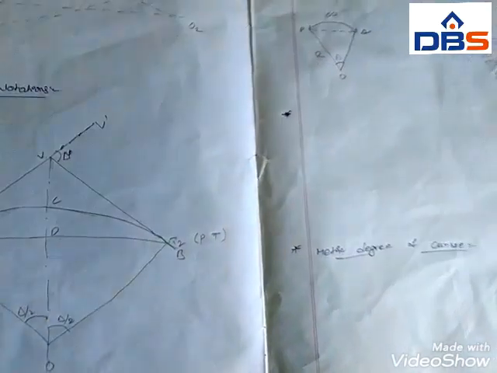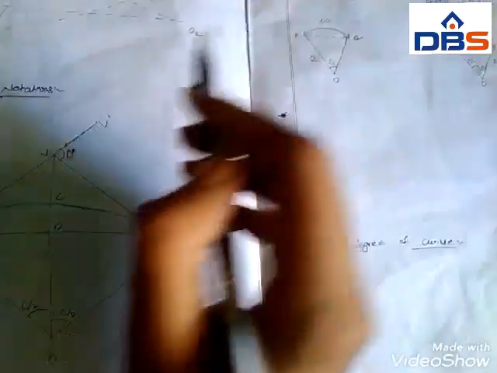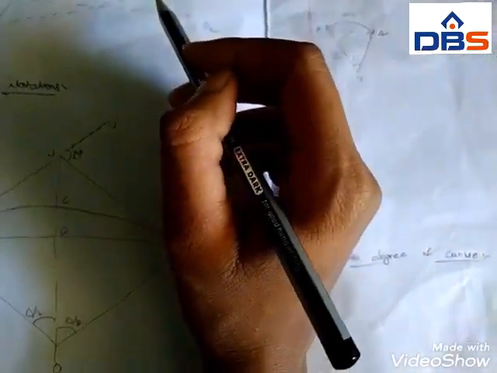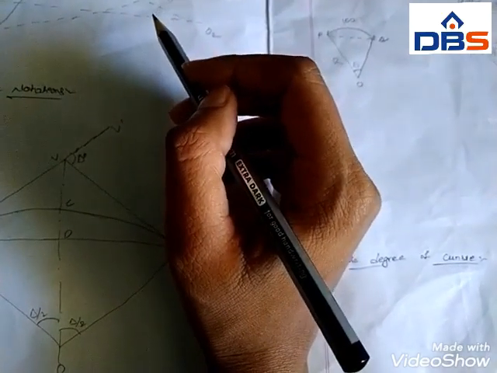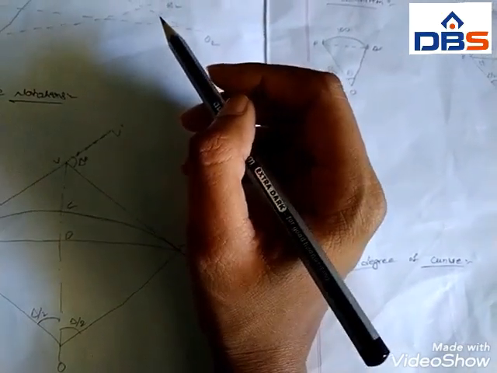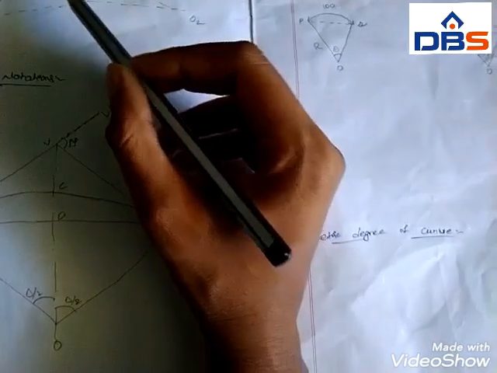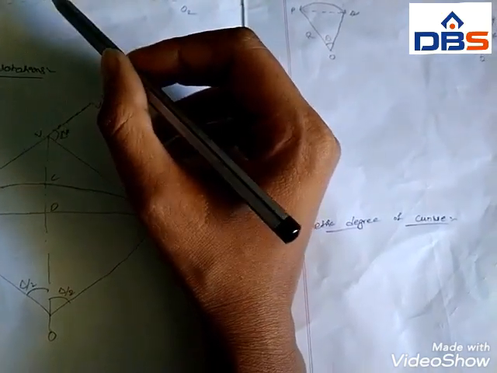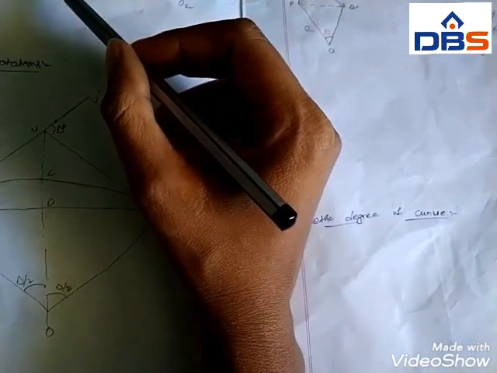A reverse curve is one which consists of two arcs of the same or different radii having centers on different sides. Both the arcs bend in different directions and have a common tangent at the junction.